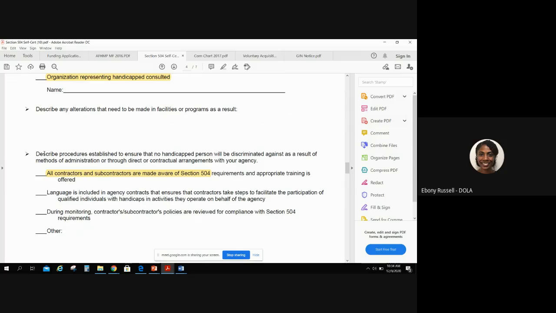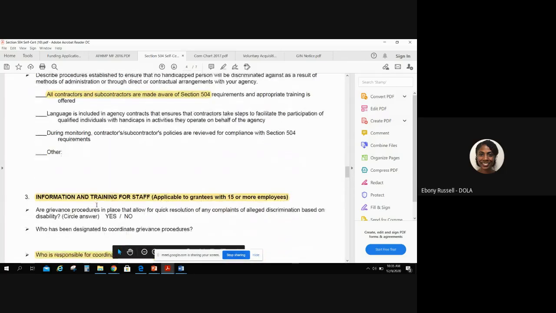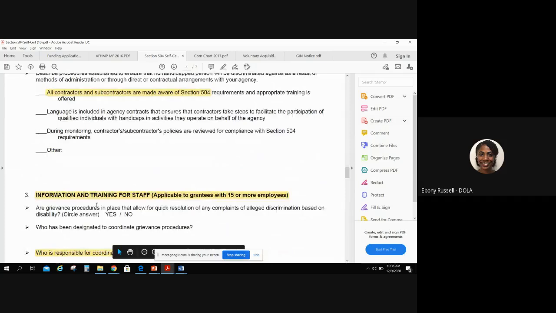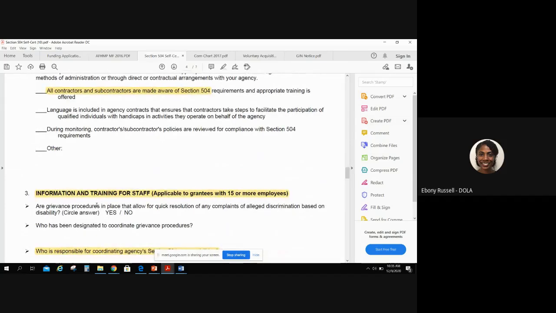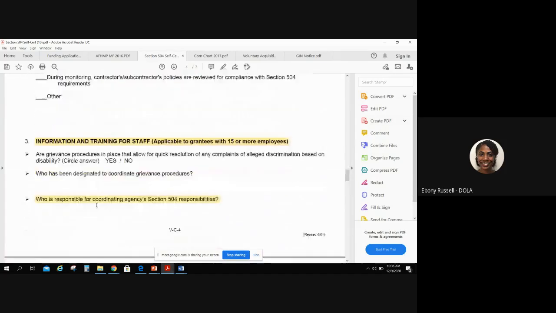Your local independent living centers can help you hone in on what necessary changes you need to make. And all contractors and subcontractors should be made aware of Section 504 and any issues that could help them fully participate in the program.